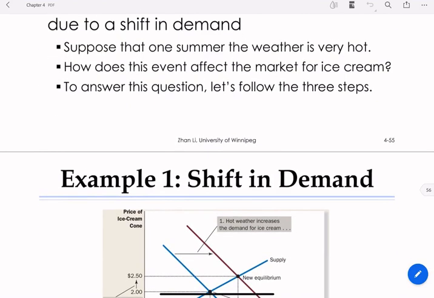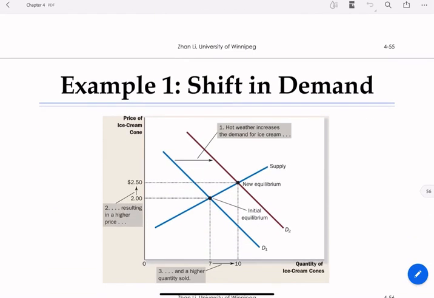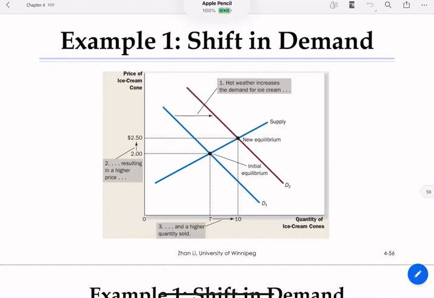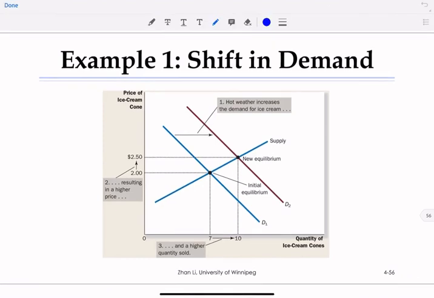What's the third step? Well, the third step is about actually drawing out the demand curve and supply curve and see how equilibrium changes, right? So here we can see that as demand shifts to the right, the initial equilibrium will move to this new equilibrium, right?